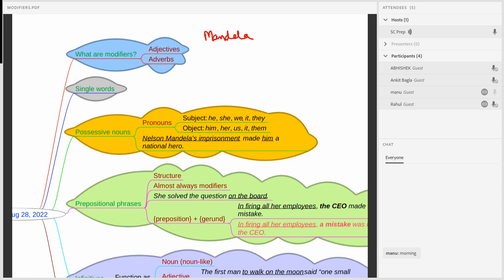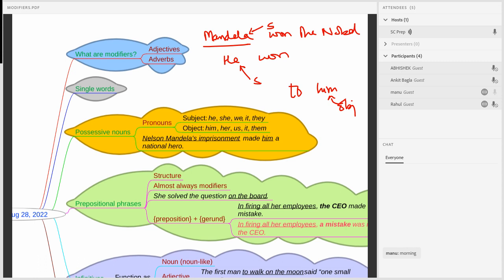For example, if you say Mandela won the Nobel Prize, over here, instead of Mandela, you can say he won the Nobel Prize. So earlier Mandela was the subject, and now he is the subject. If you say the Nobel Prize was given to Mandela, you can say it was given to him. So him is the object form of the pronoun.